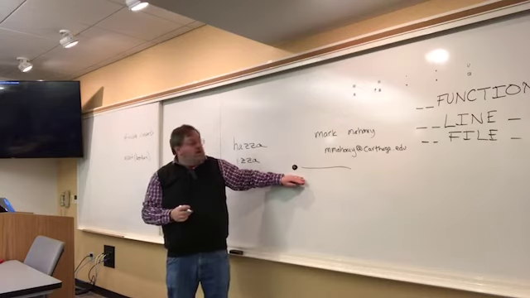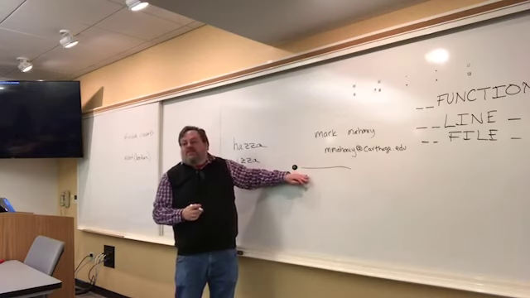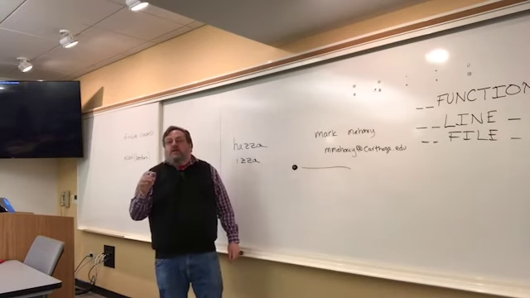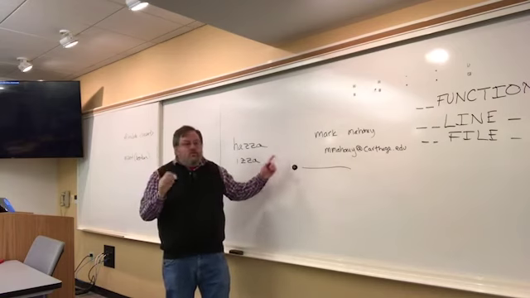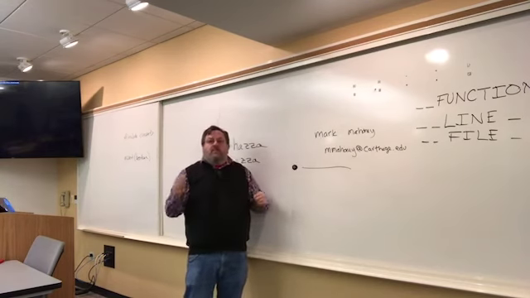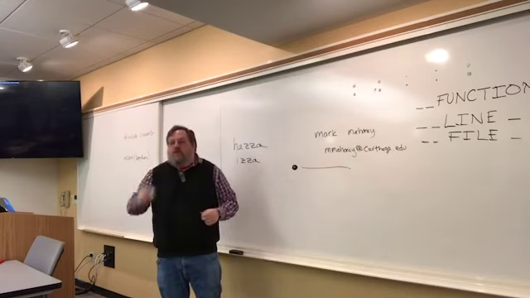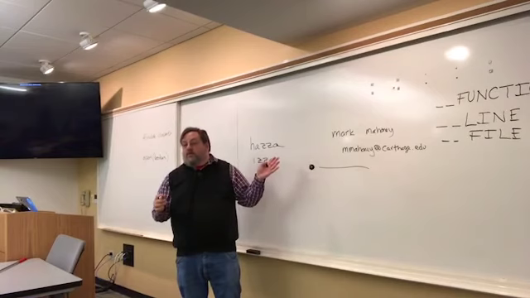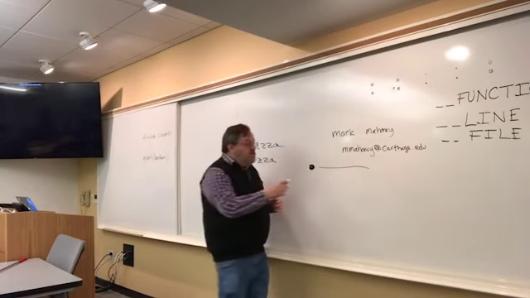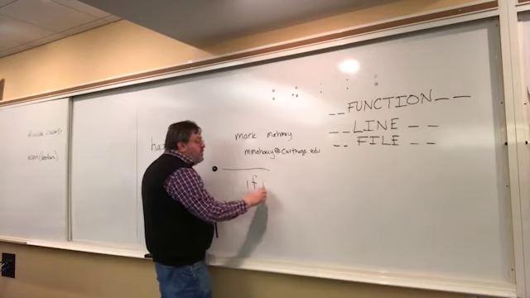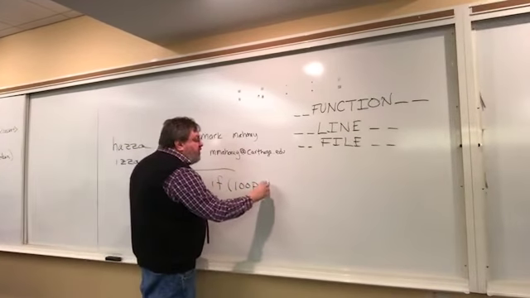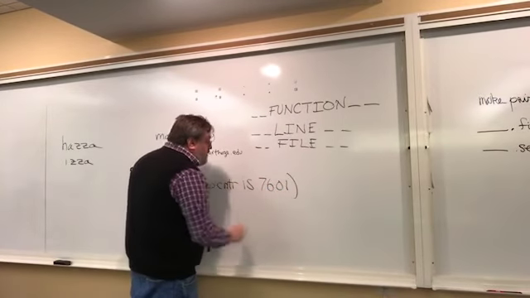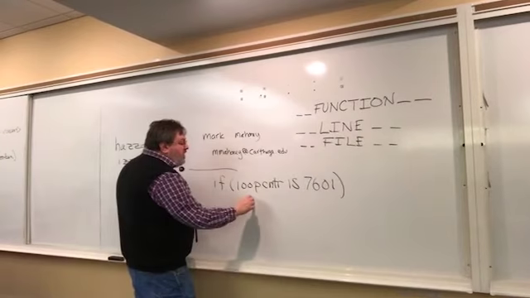Okay? Now, there's a problem leaving that code in. That's one point. But something else I want to say. What if the bug only happens on the 7,601st time through the loop? I have no idea. Right? So there's a few techniques that'll help you there. For one, you could actually put in code that says, if the loop counter is 7,601, force the debugger.